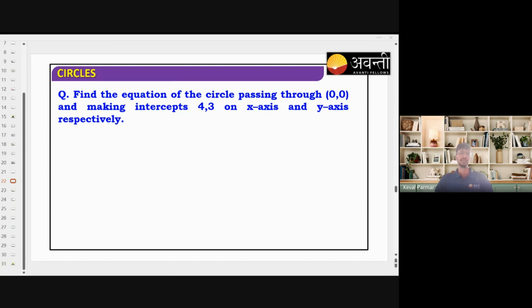Find the x-intercept, find the y-intercept. Simple. Come on, let's see. If you got the answer, you obviously cannot write in the chat box, so give me a thumbs up. Okay, guys? If you got the answer, just give me a thumbs up in the chat box. 2 minutes. Let's see.